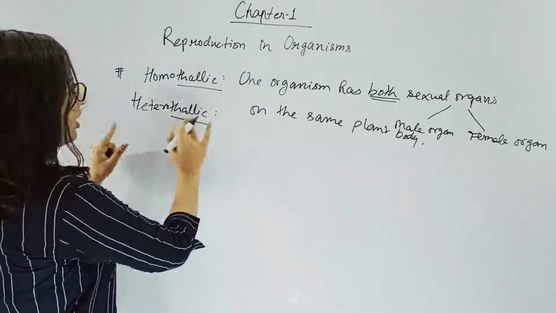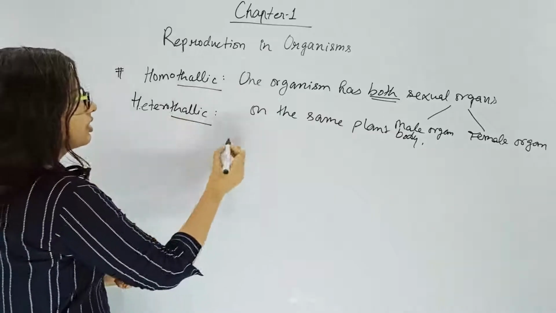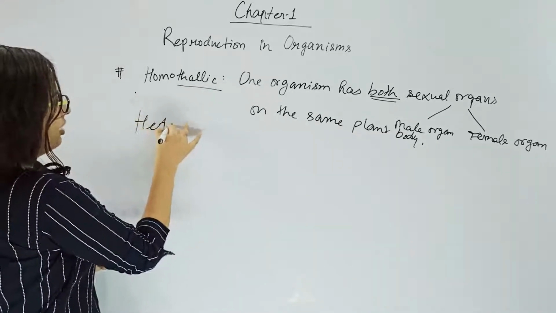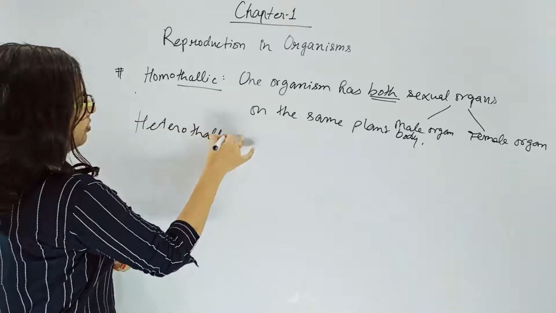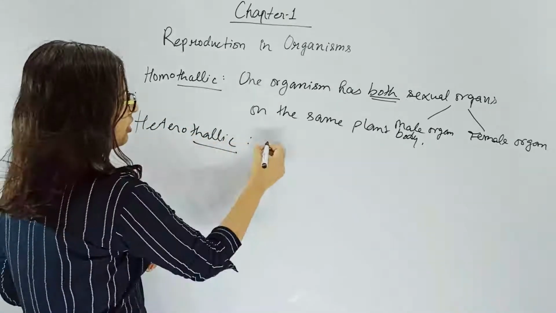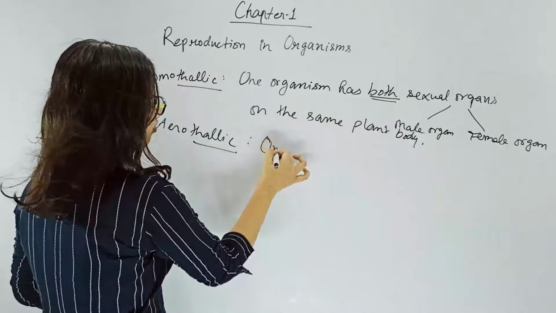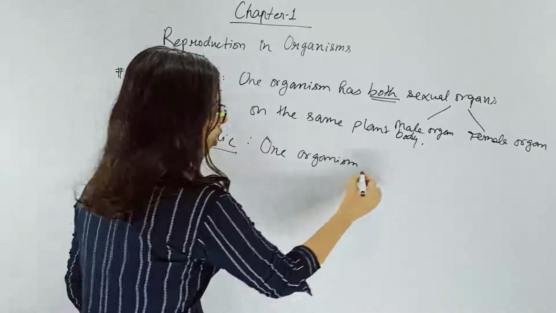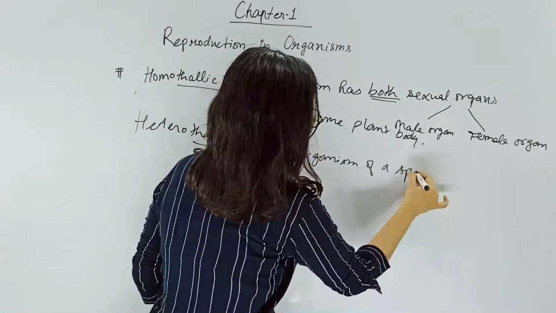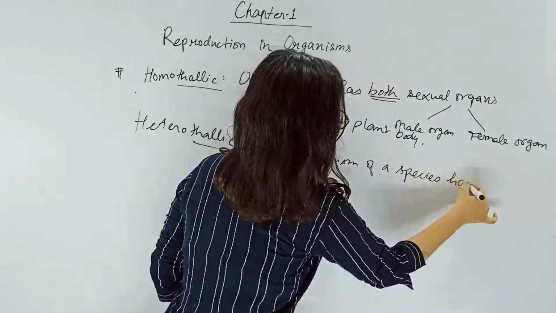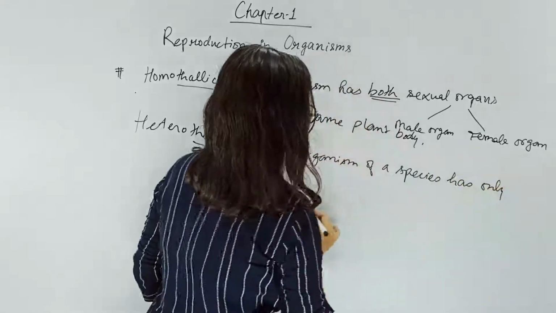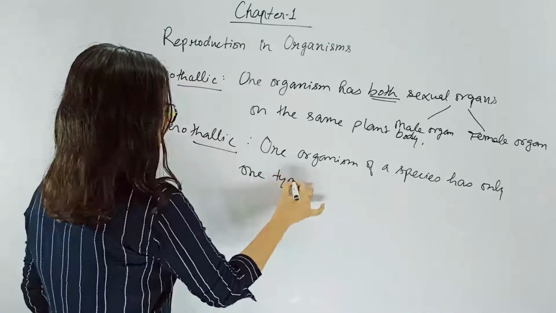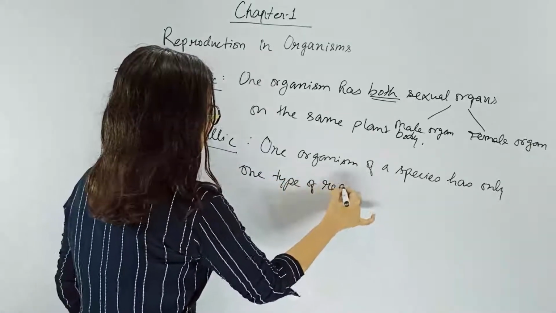Second term is heterothallic. Heterothallic means one organism of a species has only one type of reproductive organ.